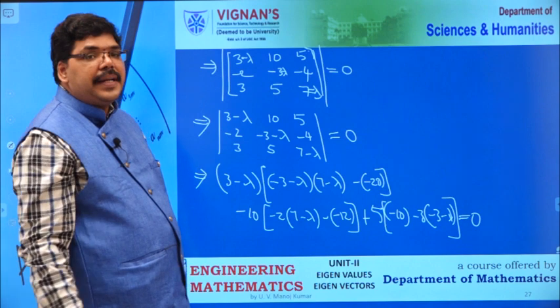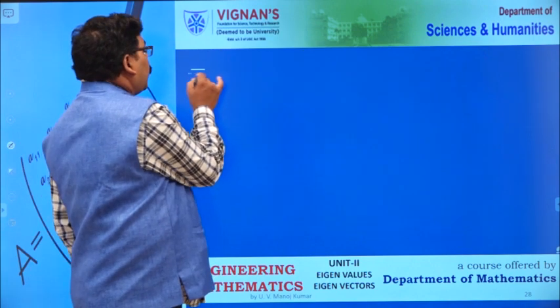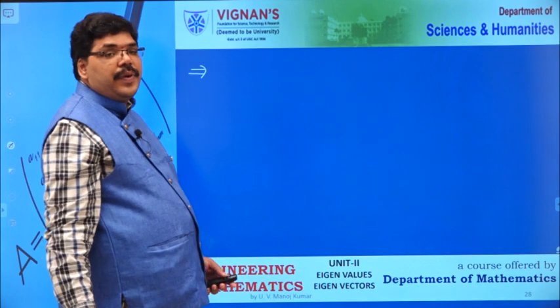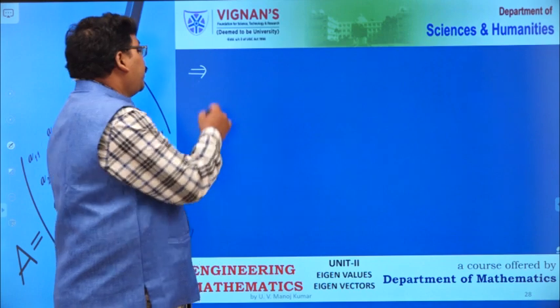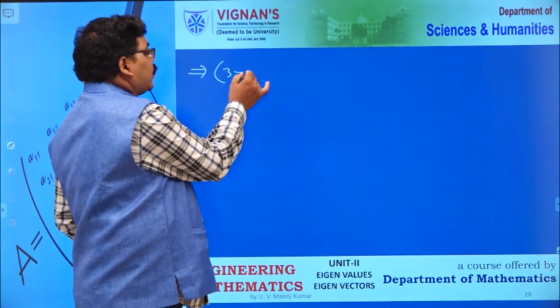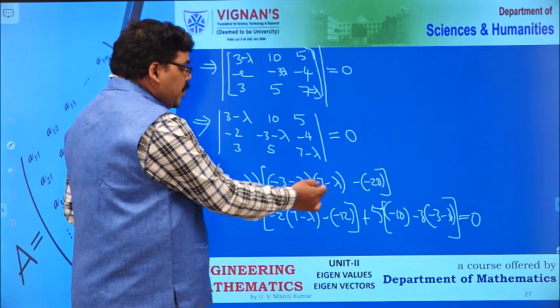Simplify this determinant. When you simplify this determinant, you get 3 minus lambda into, multiply these two.